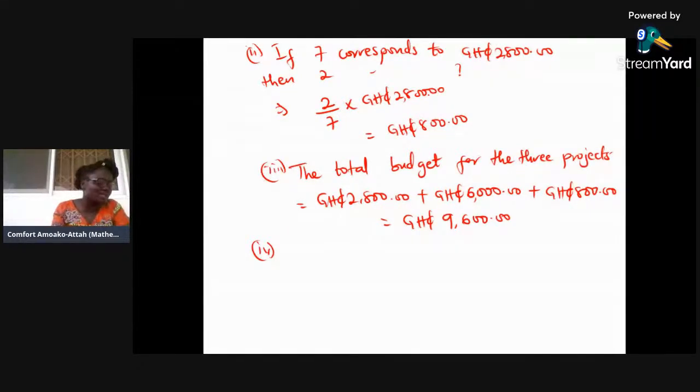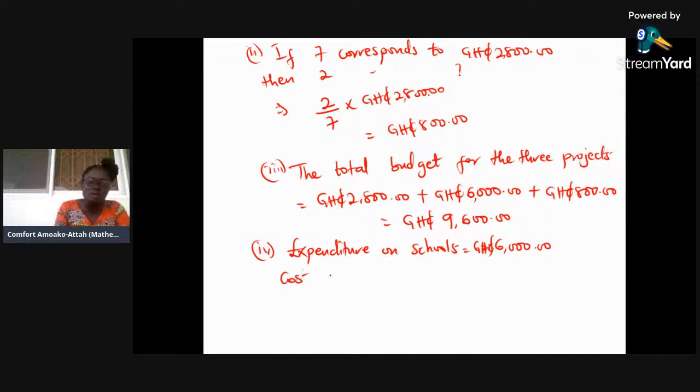So with this, we can say that expenditure on schools is equal to 6,000 cedis.